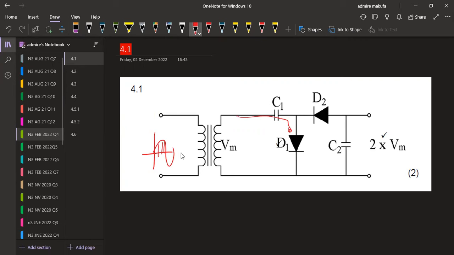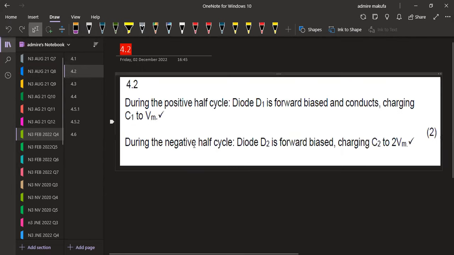Then when it is in the negative half cycle, this time the negative part affects D2 so that it will be forward biased. So this is the concept of this voltage doubler. During the negative half cycle, diode D2 is forward biased, now charging C2 to 2 times VM. That is now having a maximum of voltage being doubled. All right, so that is what we have on the description.